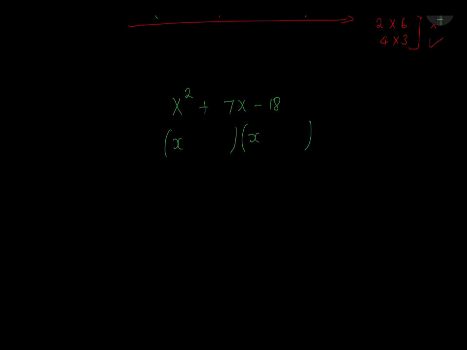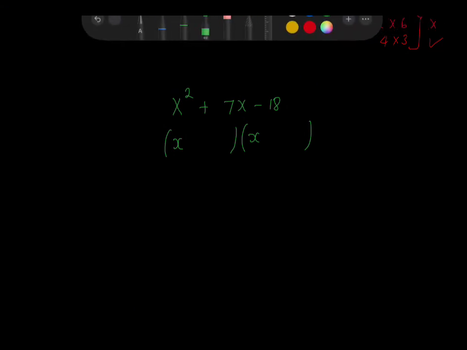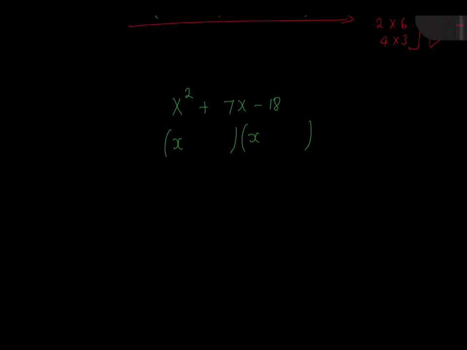As we did in the previous example, we're gonna look at this sign and ask ourselves how a negative sign can be made. A negative sign can be a result of a product of a positive sign and a negative sign only.